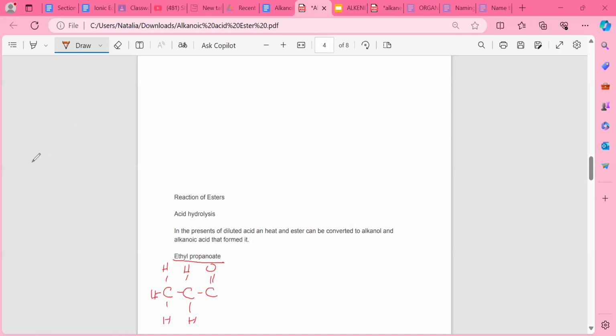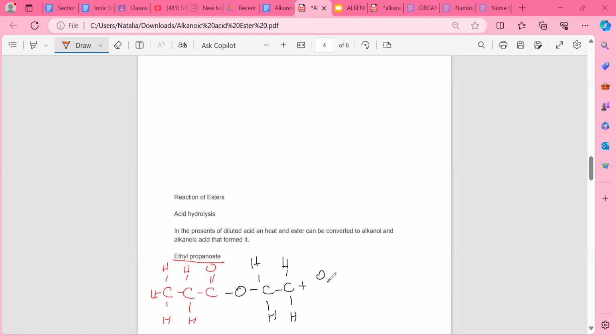Ethyl comes from my alcohol. It has 2 carbons.